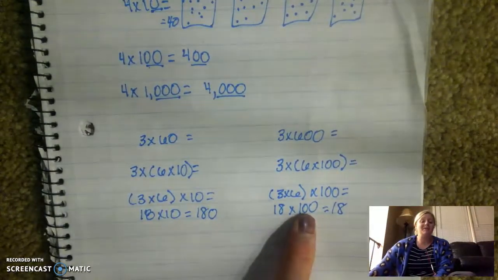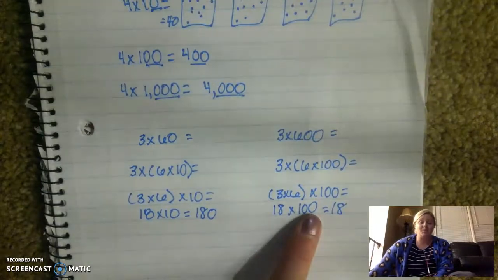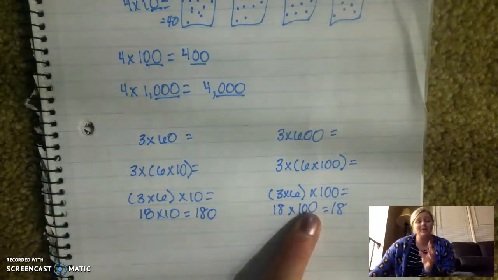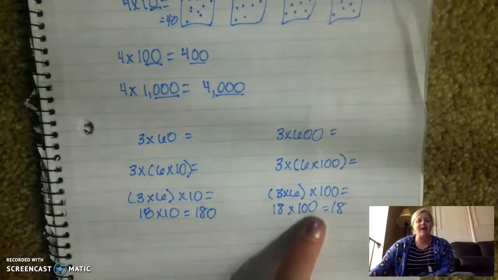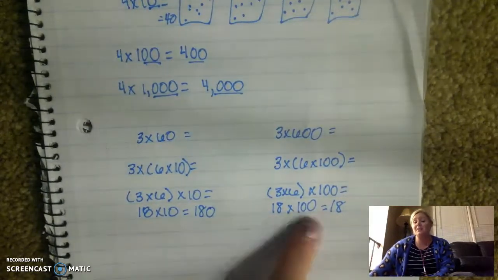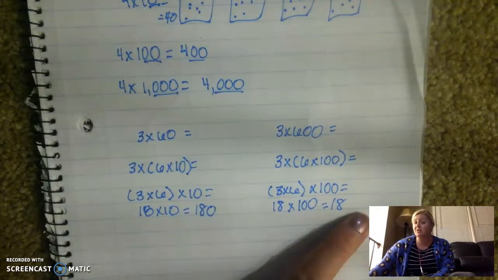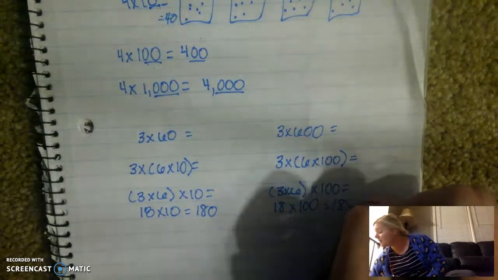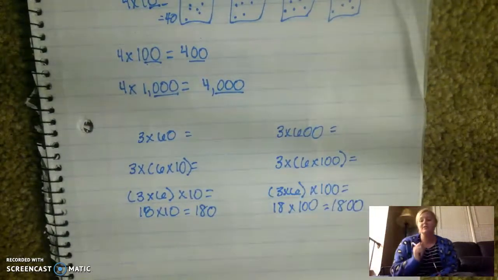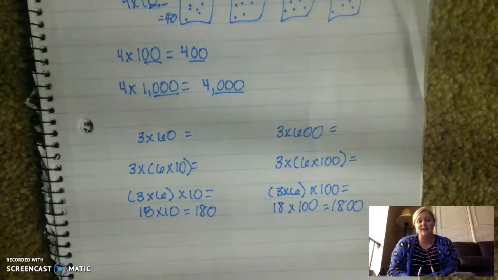And then I put my zeros back at the end. Because when we multiply by 10, 100, and 1,000, however many zeros are in the number sentence, that's how many zeros are going to be at the end of the product. So that gives us that right there.